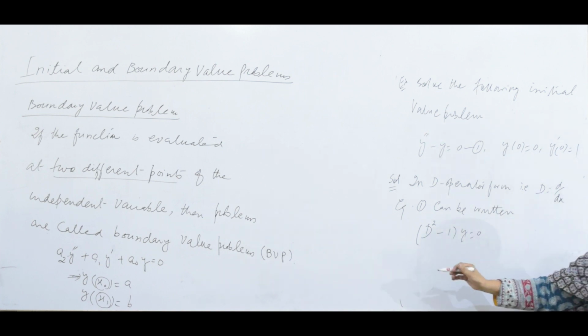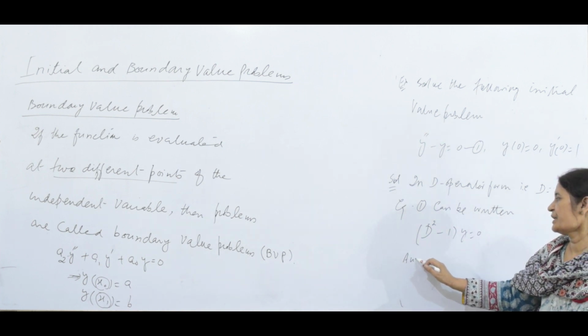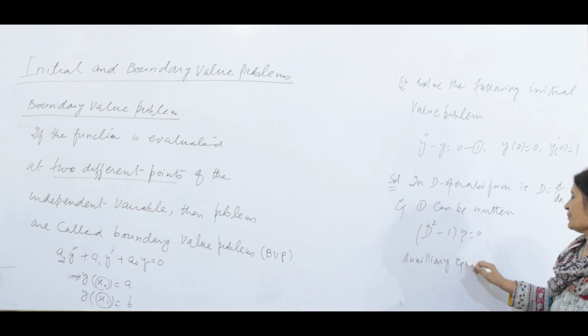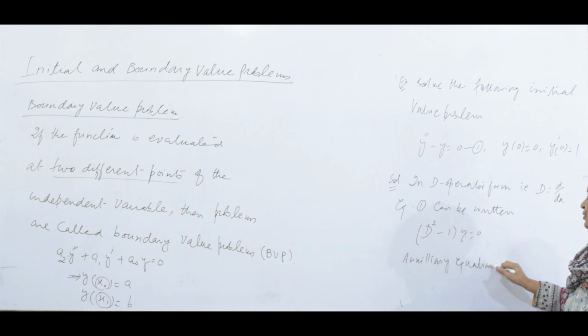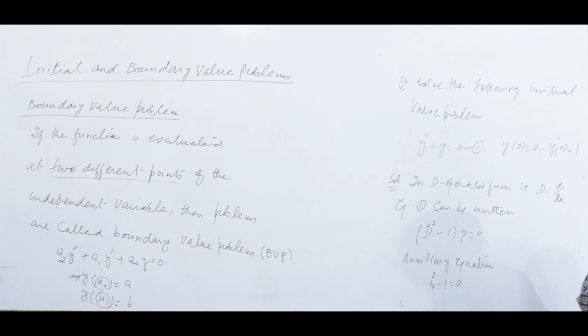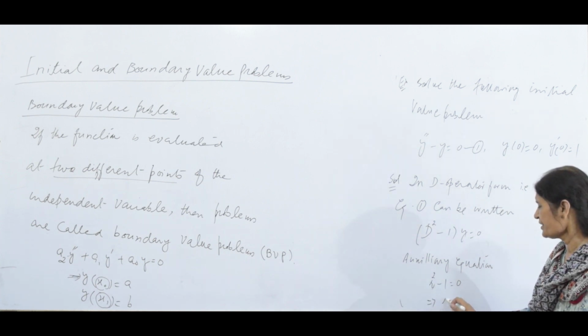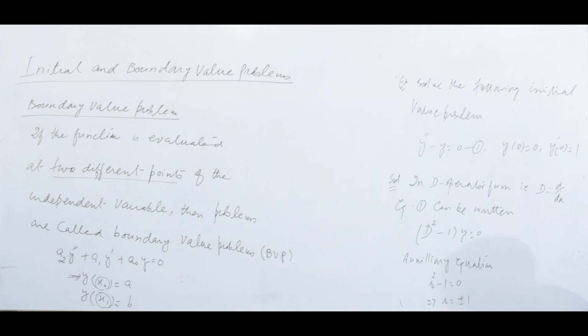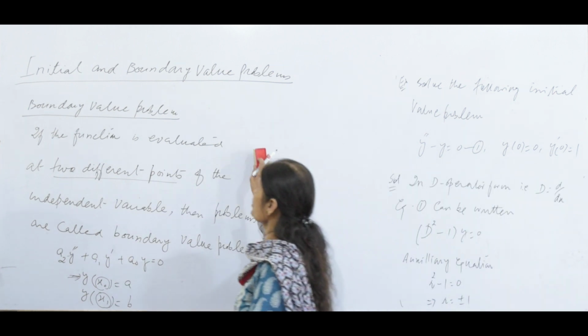Now from this we write the auxiliary equation. The auxiliary equation is r square minus 1 equal to 0. This is a quadratic equation and the roots are plus minus 1.